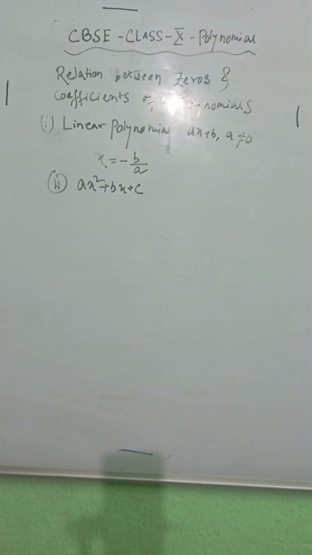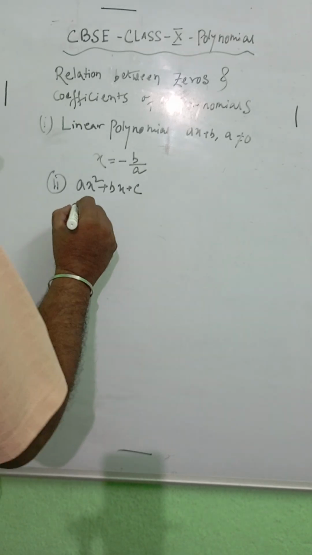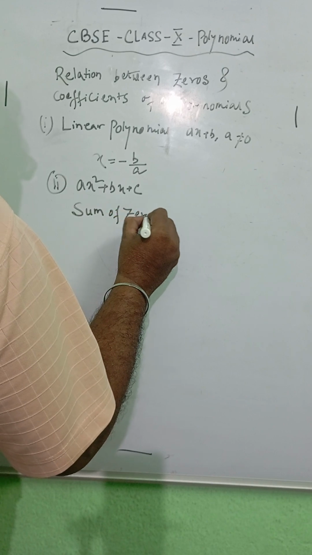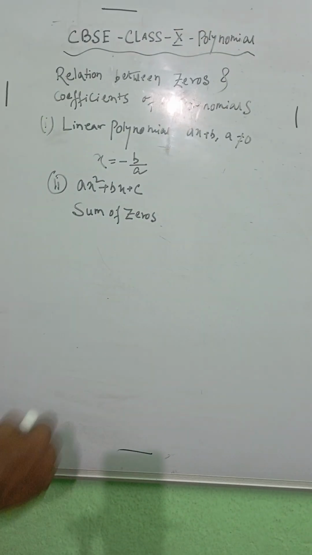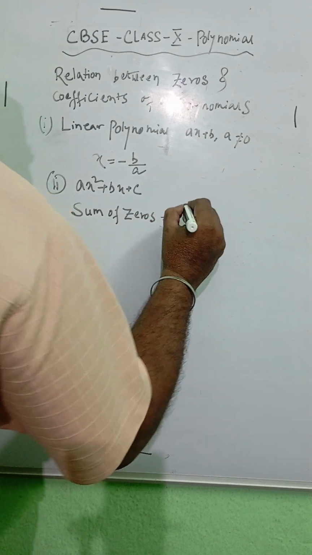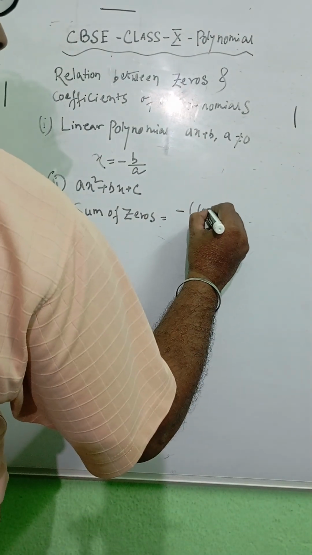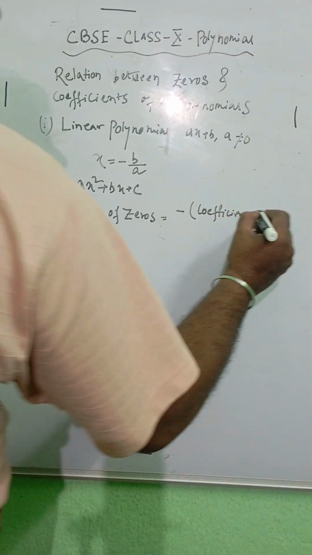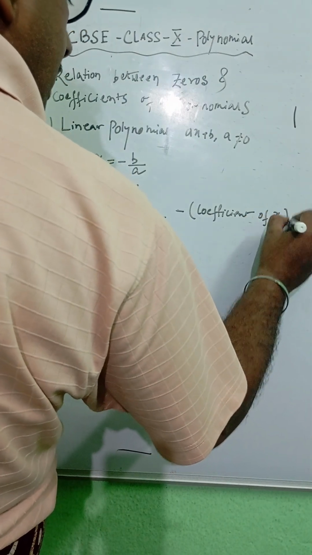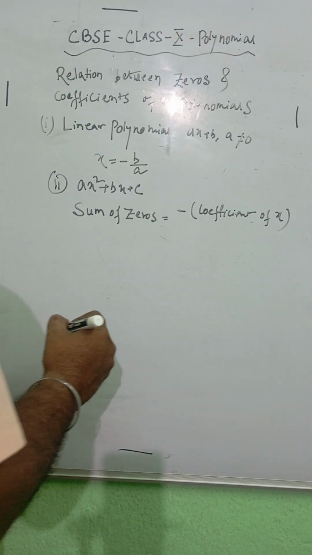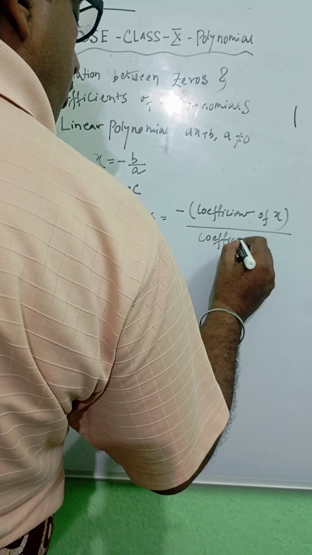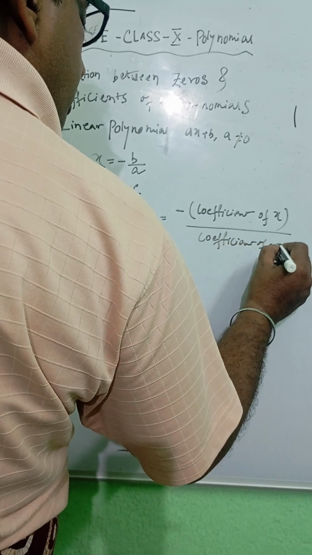If it is a quadratic polynomial, then the sum of zeros is equal to minus coefficient of x by coefficient of x square. This is the sum of zeros.